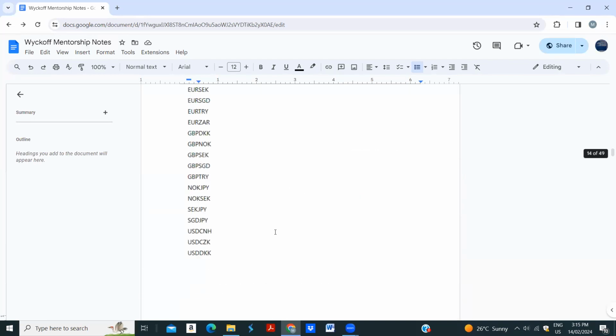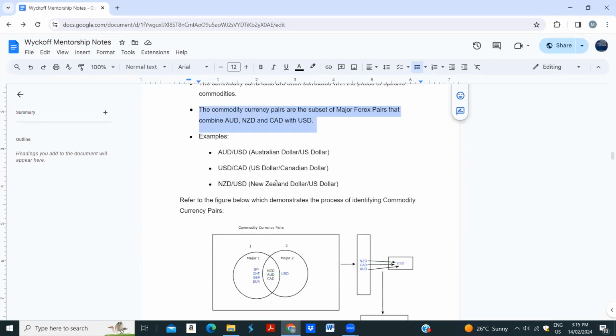For example, we have three major commodity pairs: Australia, New Zealand, and Canada. Why do we call it a commodity economy? Let me explain. Because the Australian dollar, Canadian dollar, and New Zealand dollar rely heavily on the export of commodities, for example gold and oil, and their economy is heavily dependent on those exports. So that's why they are known as commodity currency pairs.